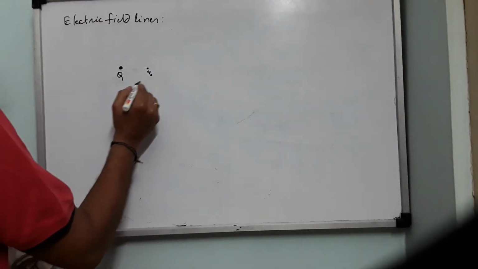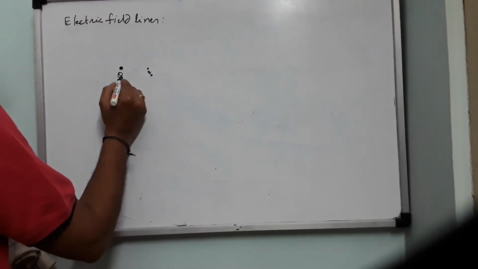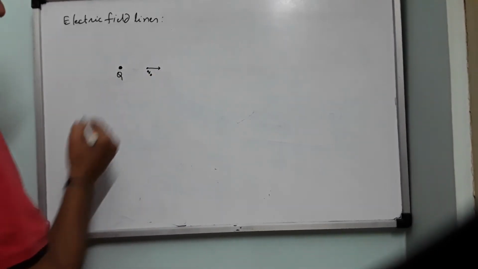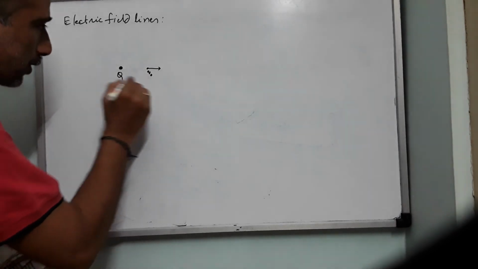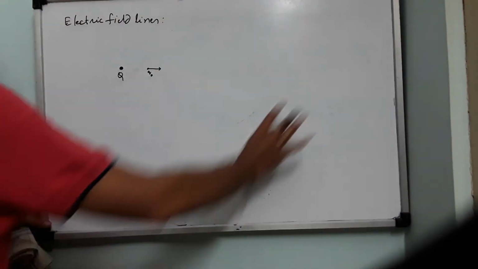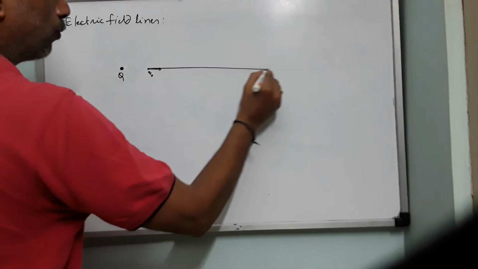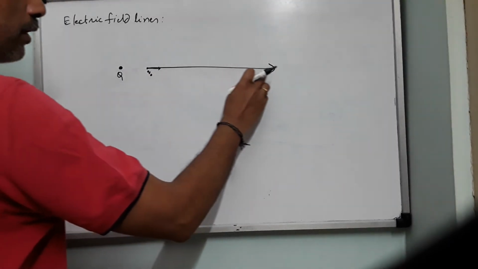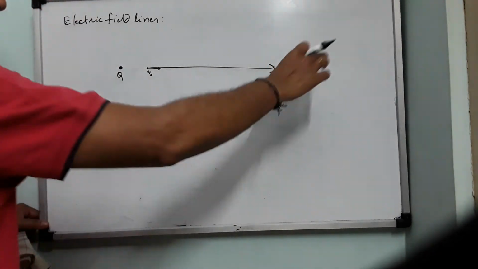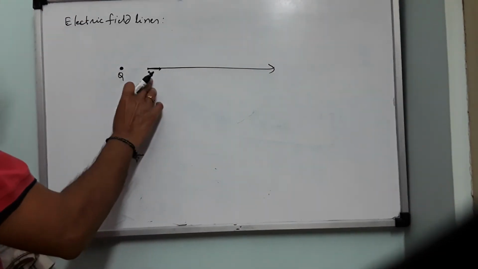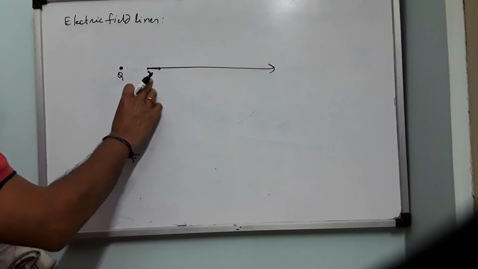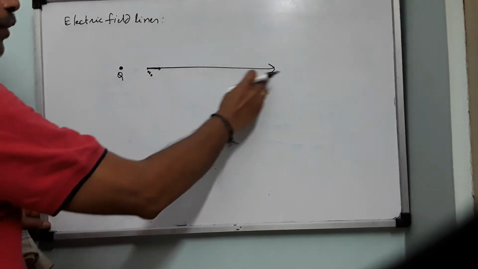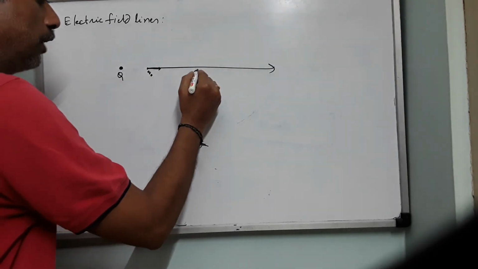Then this Q naught will experience force due to this Q in this direction, and will it stop here? If the field is extending up to this level, then it will continue to move like this, but the force on it gradually will be decreasing, and finally when it reaches infinity, the force on this Q naught will be 0. So continuously this test charge will be moving, and this now I call it a field line.